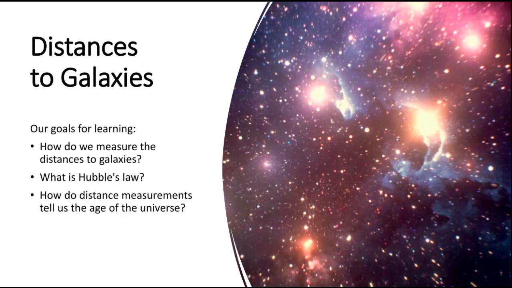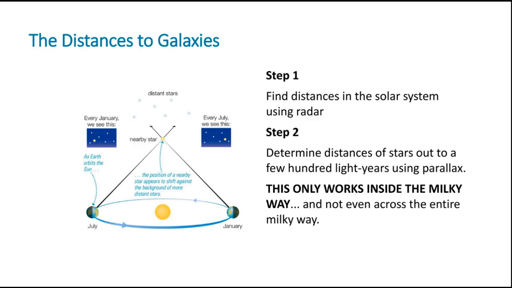Okay, so now how are we going to use those weird variable stars to measure distances in space? And then once we can measure those distances, what can we say about the universe? So we've seen one method for measuring distance in astronomy, and that was the parallax method. As the Earth is orbiting the sun, you get different viewing angles to these nearby stars.